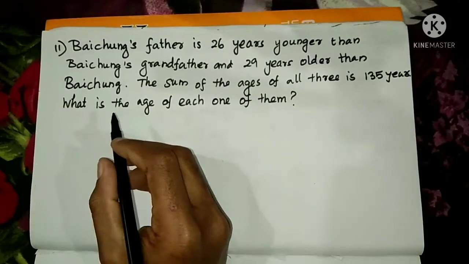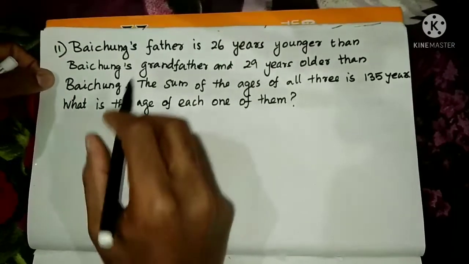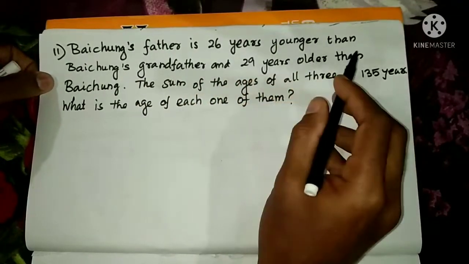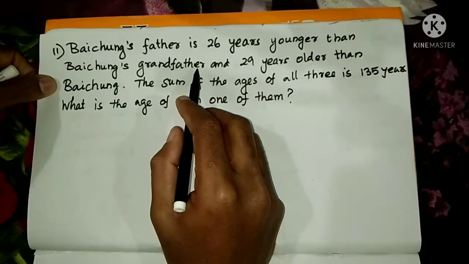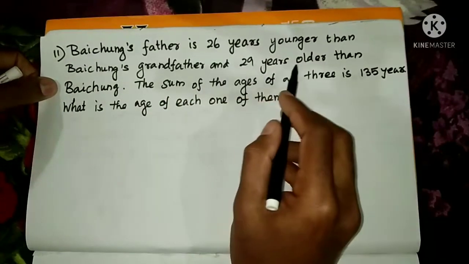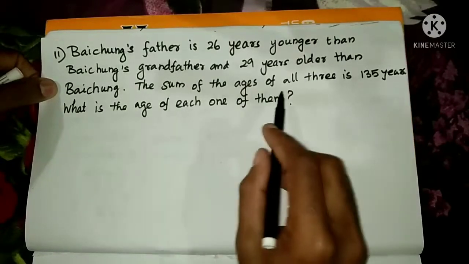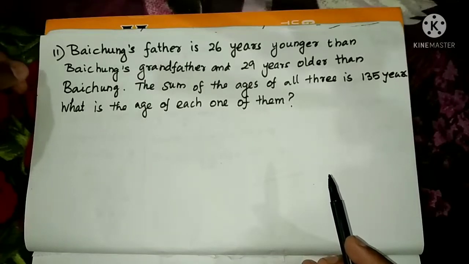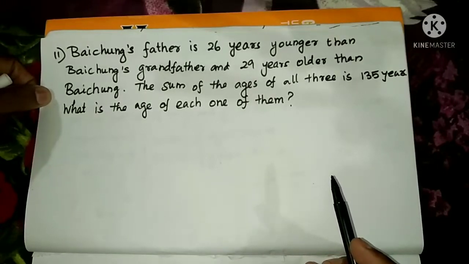Let us solve this 11th question. Baijang's father is 26 years younger than Baijang's grandfather and 29 years older than Baijang. The sum of the ages of all three is 135 years. What is the age of each one of them?